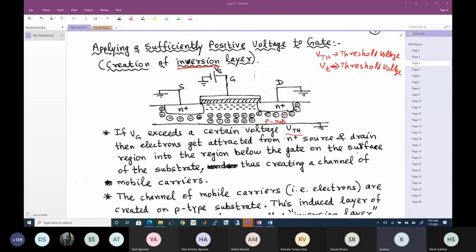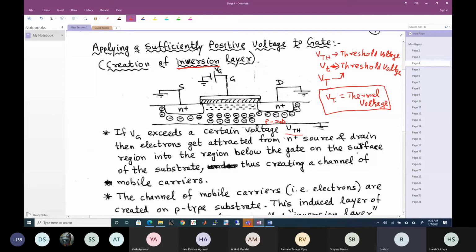We'll get to know. VT is the threshold voltage. Sometimes we'll be using VT also to mean the same thing. Keep in mind when VT has to be used as thermal voltage, in this course we will tell you, this is the thermal voltage. Please use the context to understand the variables.